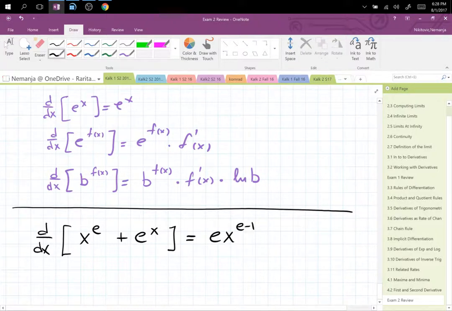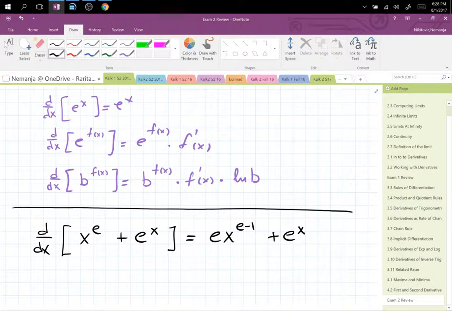And then you copy this one because this one is itself. Nice. Good questions. So what would be the derivative right there? Just that.